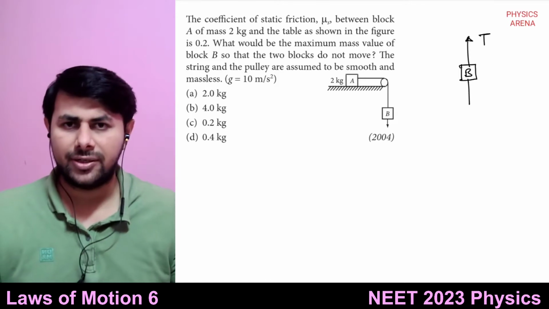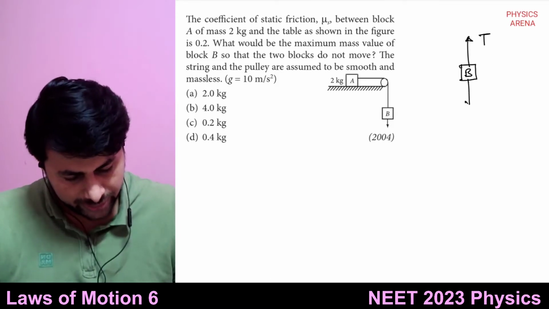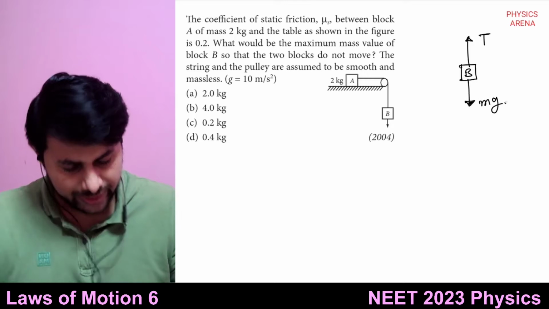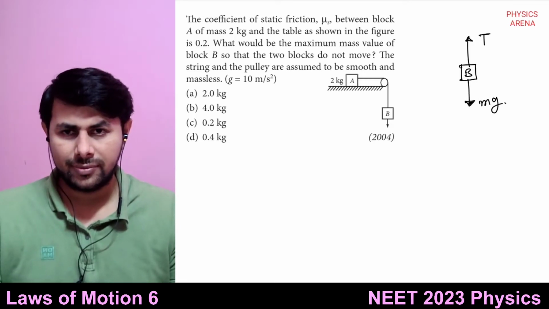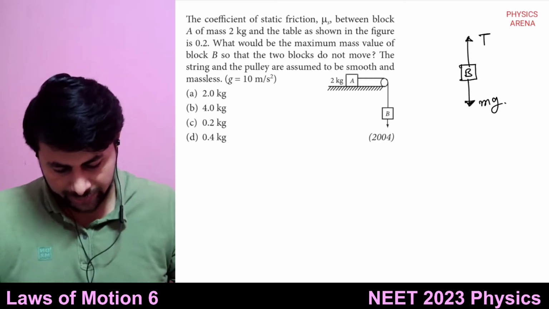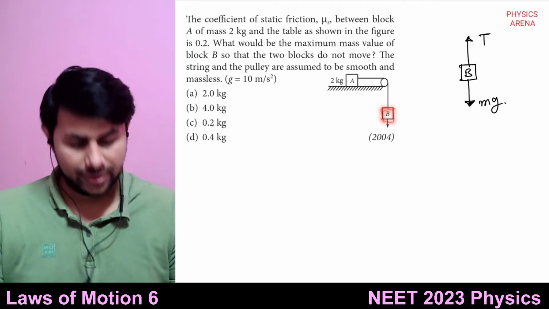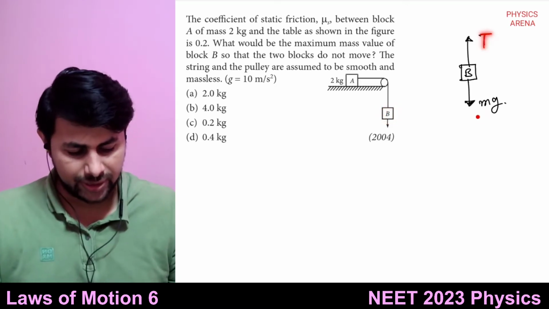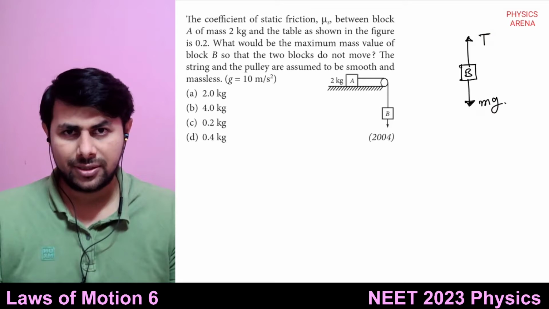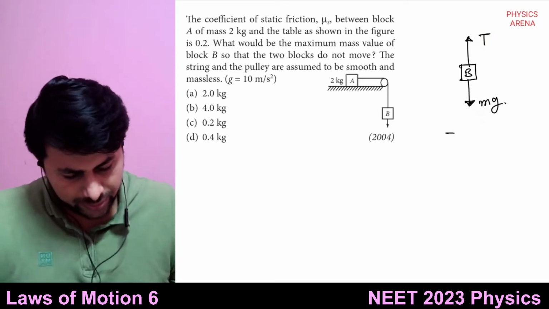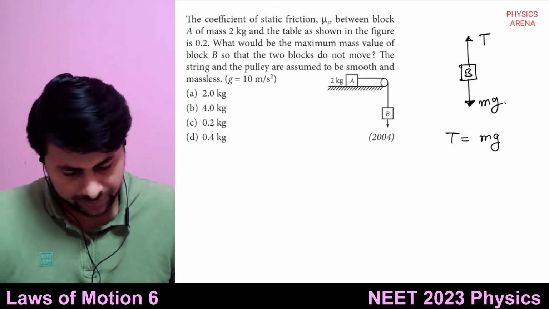One is the tension in the string, and the other force is its weight downwards. If it is not moving at all, that means this tension acting upwards is equal to mg, so T is equal to mg.